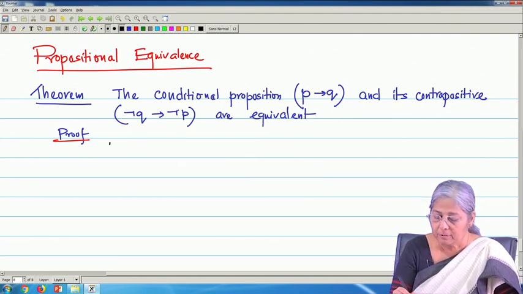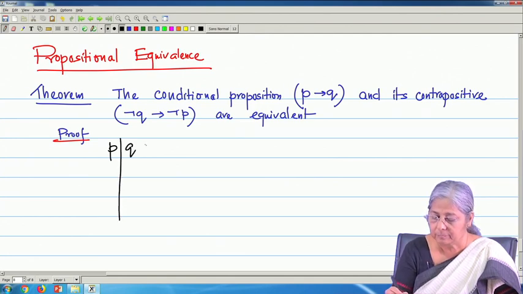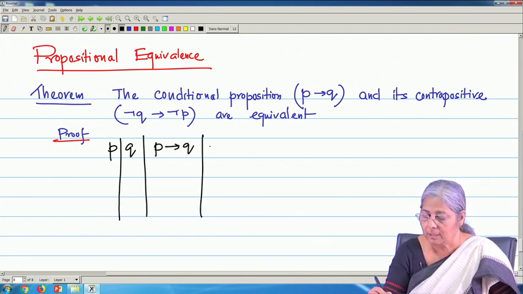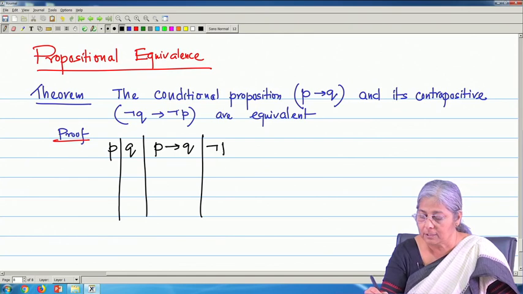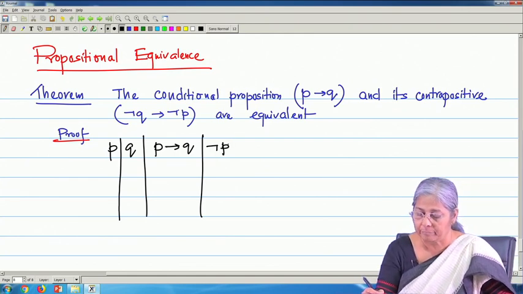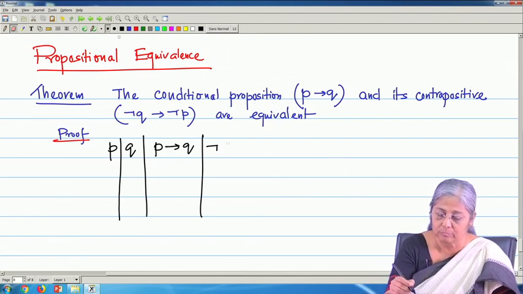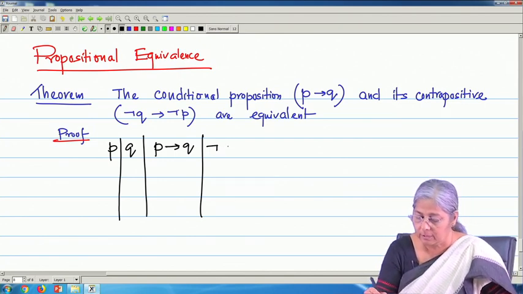So, if we draw the truth table, P implies Q, and then first we give the negation Q, because that will help us to write the truth values.